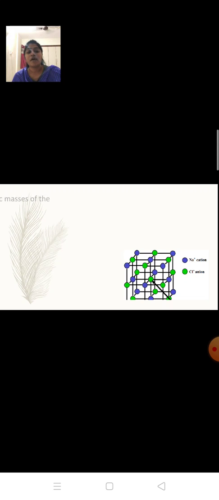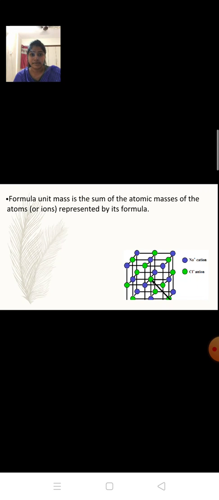So for that reason we use the term formula unit mass. And this formula unit mass is calculated in the same way as we calculate molecular mass, that is by taking the sum of atomic masses.